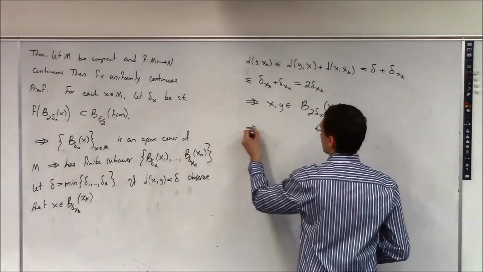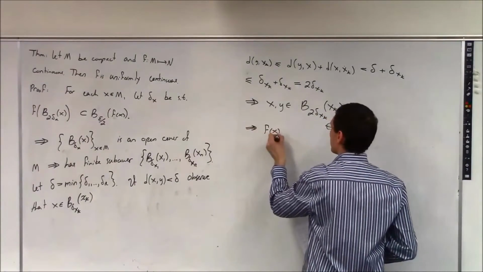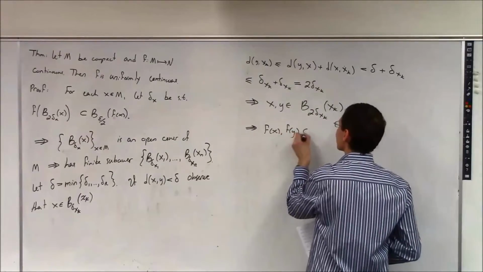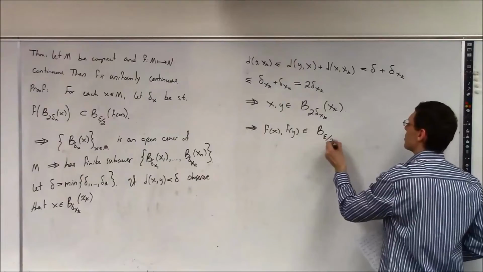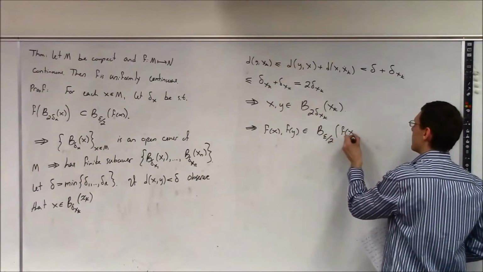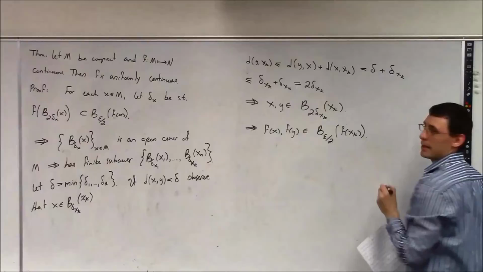Which implies that f of x and f of y are elements of the ball of radius epsilon over 2, centered at f of x sub k.